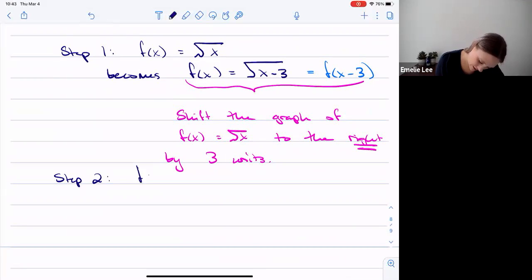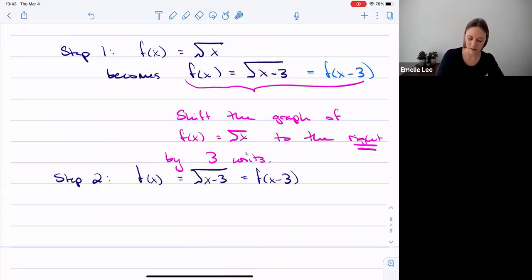Is that f of x equals the root of x minus 3, which equals f of x minus 3, depending on if you're talking about the original function or if you're renaming your new function as f of x.